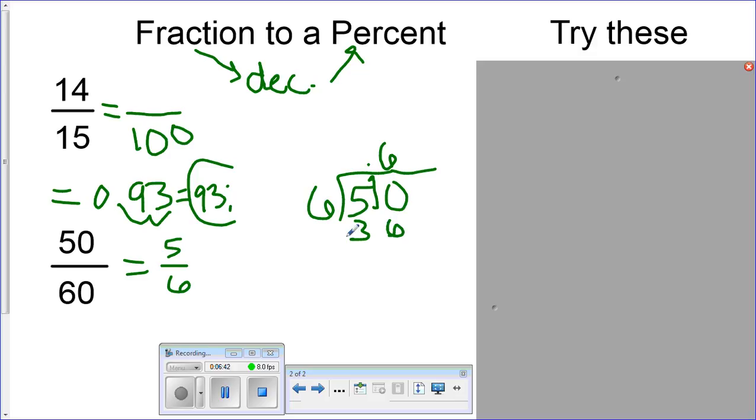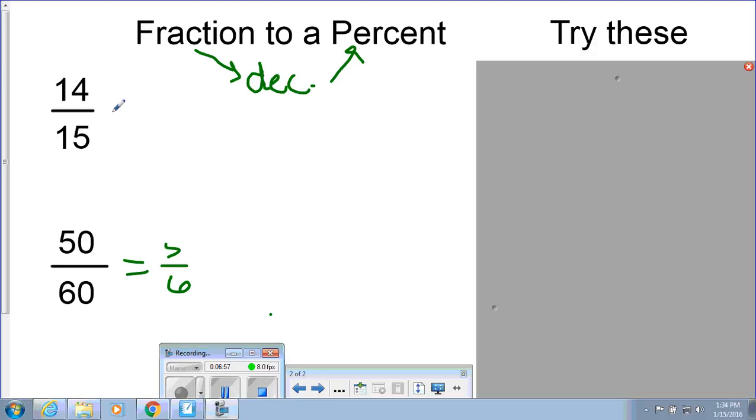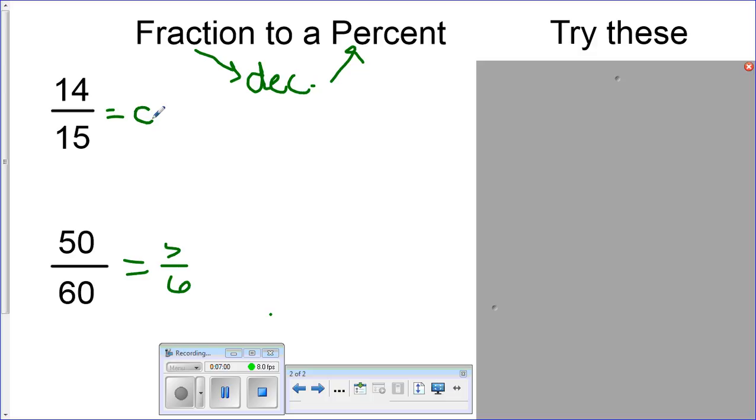And when we subtract, we get a remainder of 14. All right, let's clean this up a little bit here. We found out that this was 93%. And the idea here was to simplify 50/60ths to 5/6.